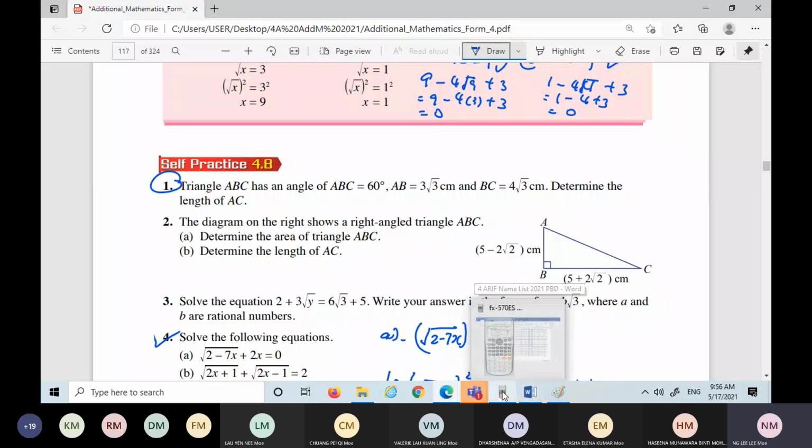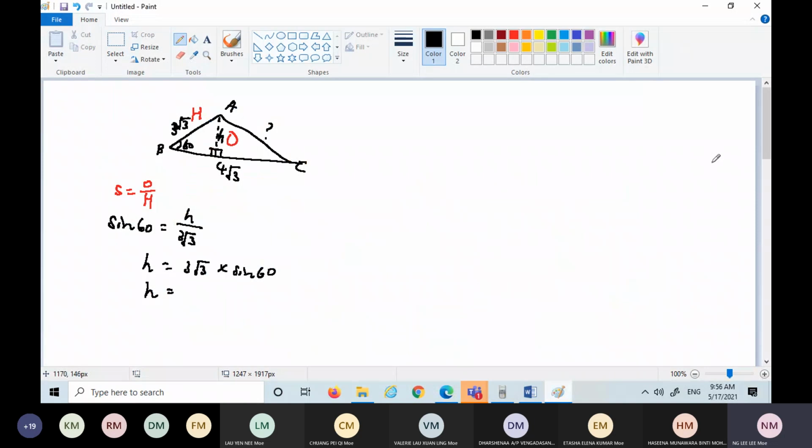Other special angles are like 45 degrees, 30 degrees, 60 degrees.